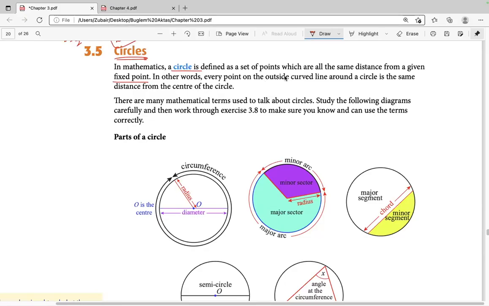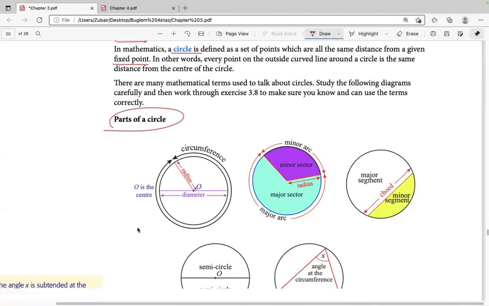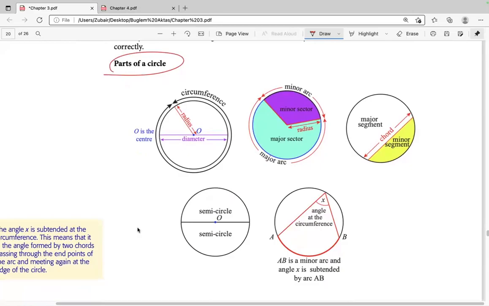In other words, every point on the circle, the curved line, is the same distance from the center of the circle. Parts of a circle. We should know how to label them because in the question we may not have the diagram, but the examiner explains in the question that you are given a minor arc, you are given the radius, and it may have the following parts.